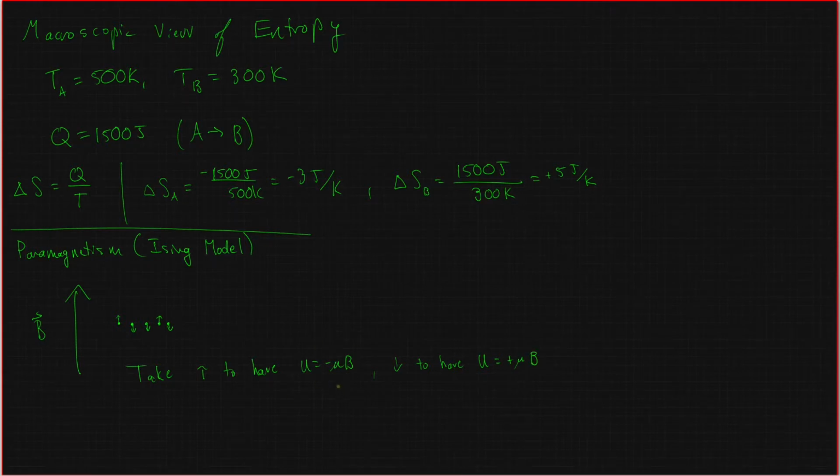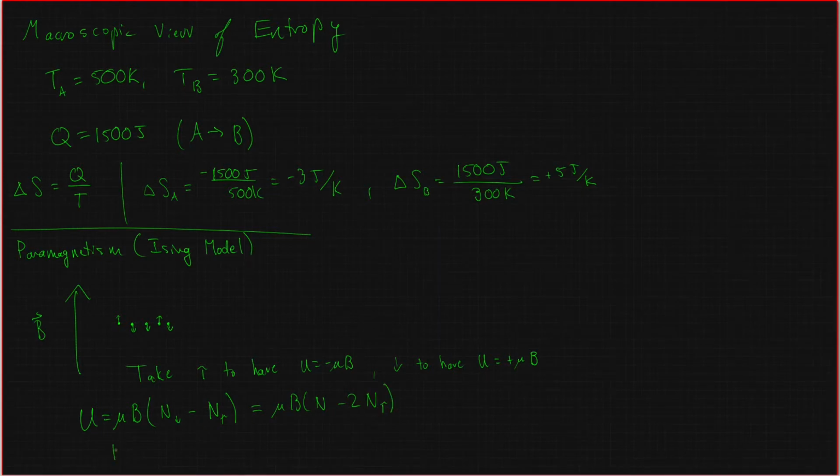where B is just the magnetic field and mu is some conversion between magnetic field and energy, which is going to be like the Bohr magneton or something, but it's kind of irrelevant. So in general, the total energy will just be mu times B times the number of dipoles that are down minus the number that are up. And so we could rewrite this as mu B times N minus 2 N up.